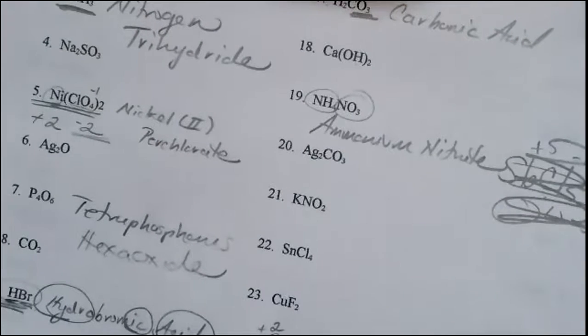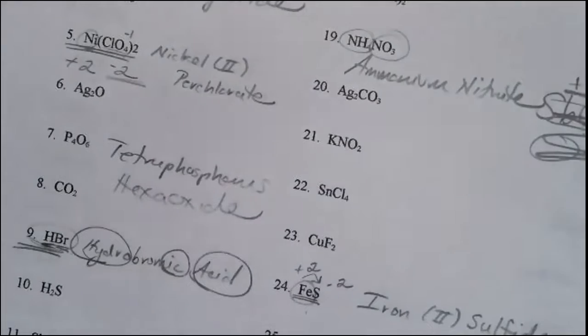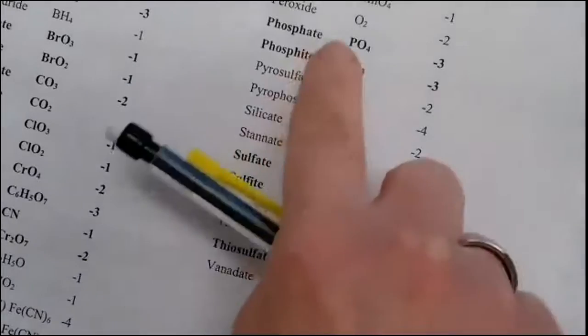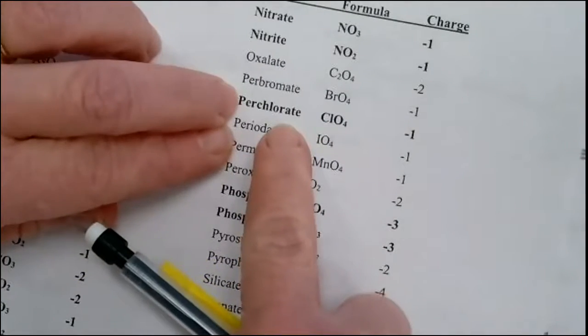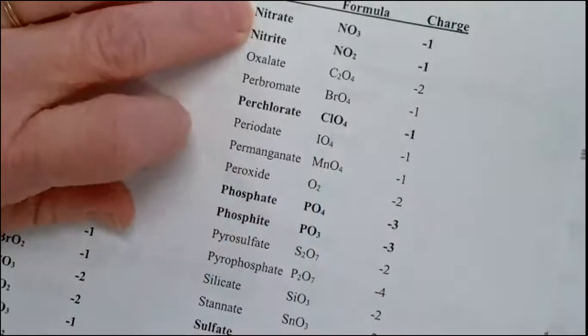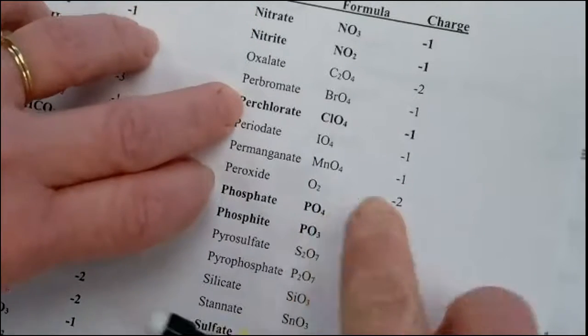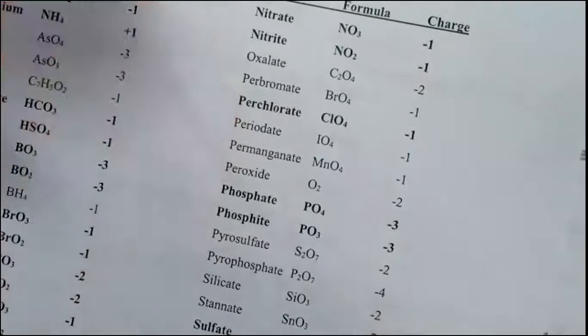Maddie asked an excellent question. Do you mind sharing what you asked? Just if there would be any other ones that had two polyatomic ions within ammonium. What if we had perchlorate and nitrate bonded, or phosphate and perchlorate? The answer is no, because they're all negative.